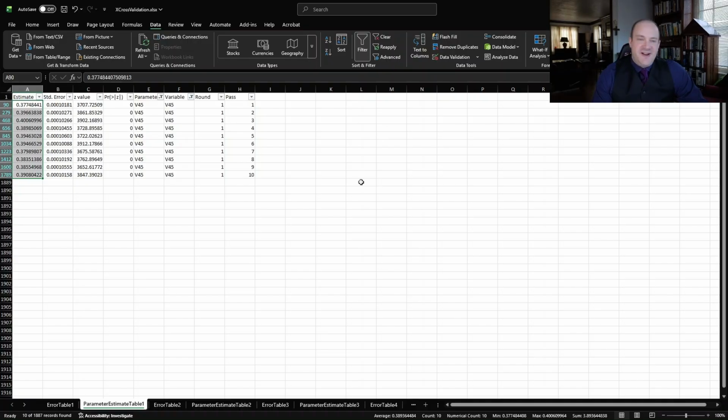It means it's always pointing in the same direction. It's always the case that we're saying house price goes up as V45 goes up. If one of these things was negative, or a couple were negative and a couple were positive, then what it would say is, hey, sometimes the house price goes up, sometimes it goes down. Again, in terms of explicability, that's terrible. What are you going to say to the stakeholder?